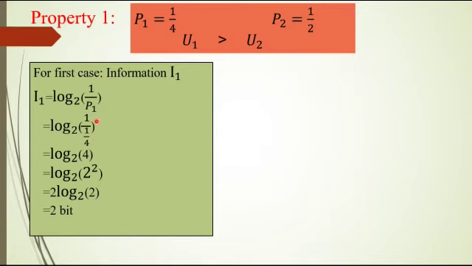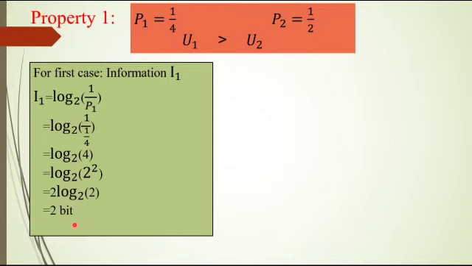So log base 2 of 4, and 4 means 2 square, so the power of 2 comes in front: 2 log base 2 of 2. The value of log base 2 of 2 is 1, because it's log 2 by log 2 equal to 1. So the result will be 2 bits. The first case information is 2 bits.